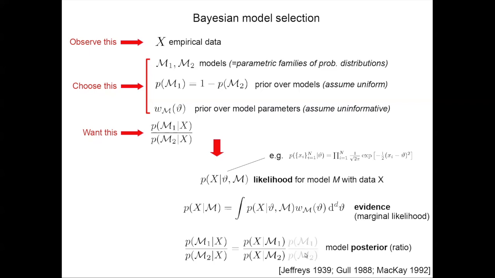But because, again for simplicity, we assume that the priors are the same, it turns out that the quantity you want to compute is simply the ratio between the two evidences of the model. So essentially, if we can compute this evidence, we're done. This is the key object that we're going to want to compute.